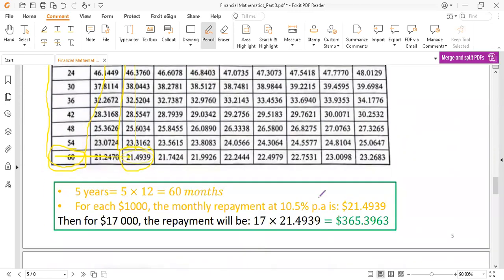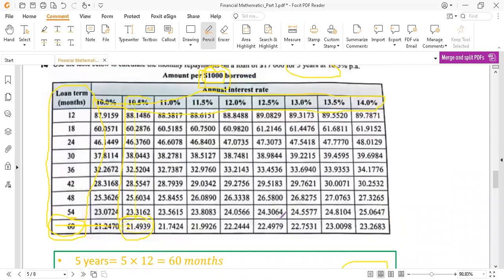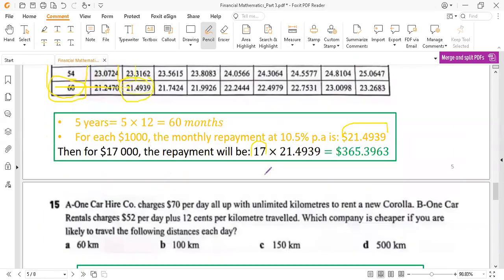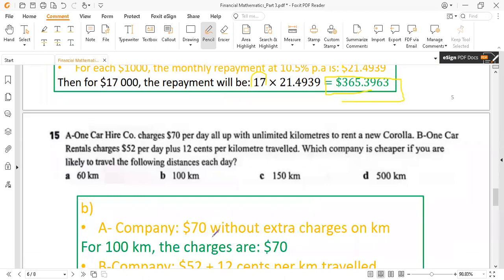But we should know that this amount should be multiplied by 17 because we have $17,000 borrowed and not $1,000. So the monthly repayment is equal to $365.63, as we saw here.